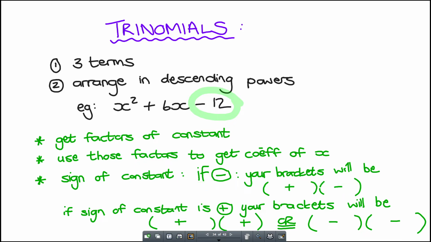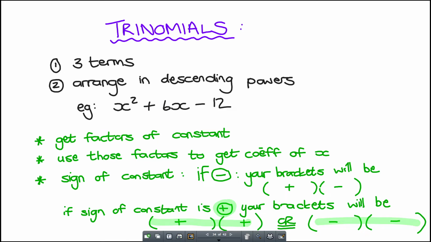That's always going to be the same. If the sign of the constant is a positive, then there's one of 2 options. They will either be plus plus or they will be minus minus. We decide that by looking at the sign of the coefficient of x again. But I'll show you that in the examples.